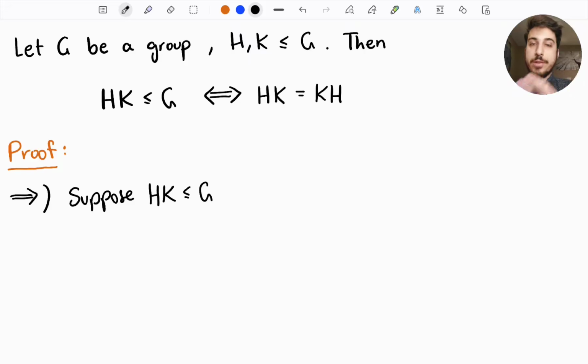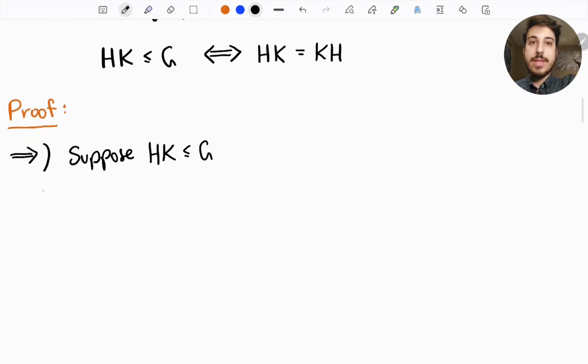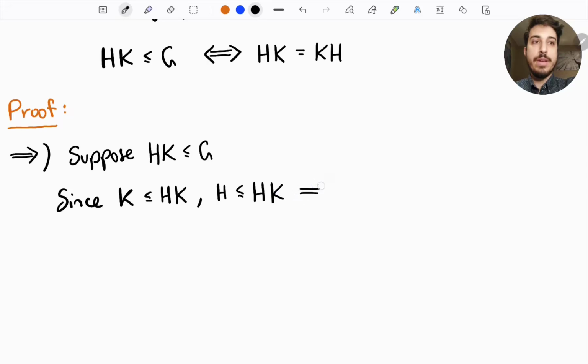Let us now start by assuming that HK is a subgroup in G. It is a subgroup, that means it is closed with respect to the operation of G and with respect to inverses. So since K is a subgroup of G, it is a subgroup of HK, and similarly H is a subgroup of HK, we have that KH is a subset of HK.